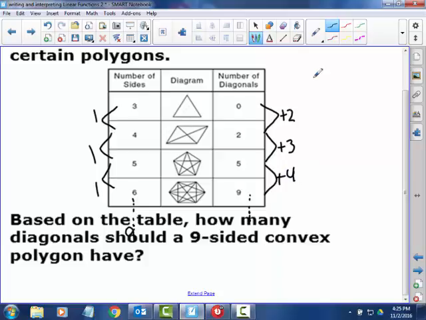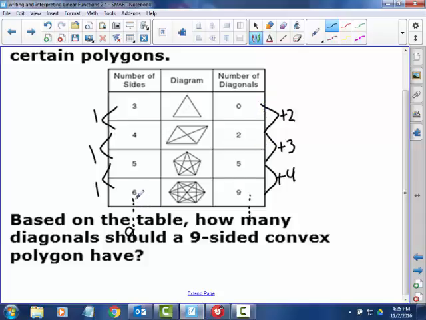So this is not a linear pattern, because a linear pattern would have the same number here each time. So right now, the only way we could solve this is just by continuing the table, because all we know about right now is linear patterns.